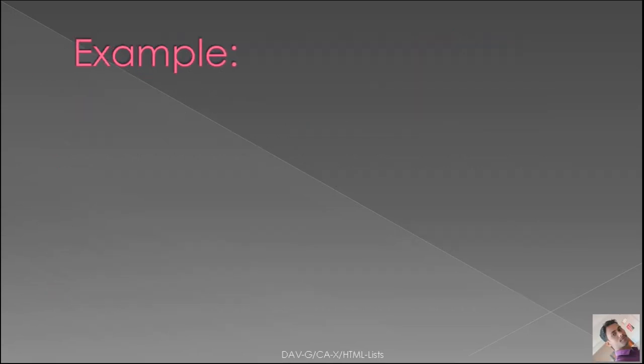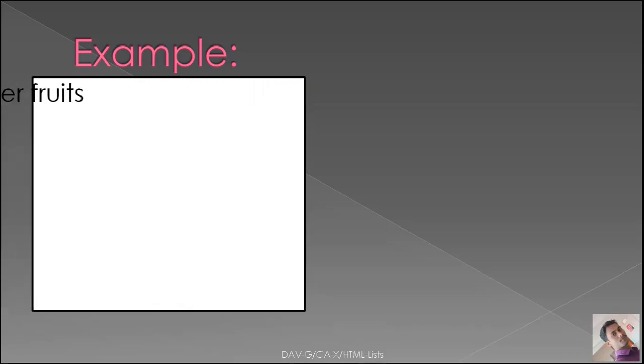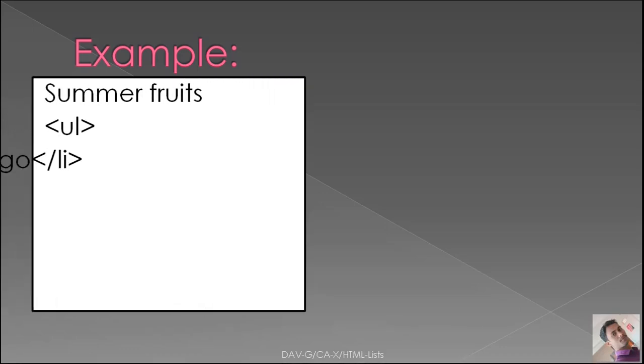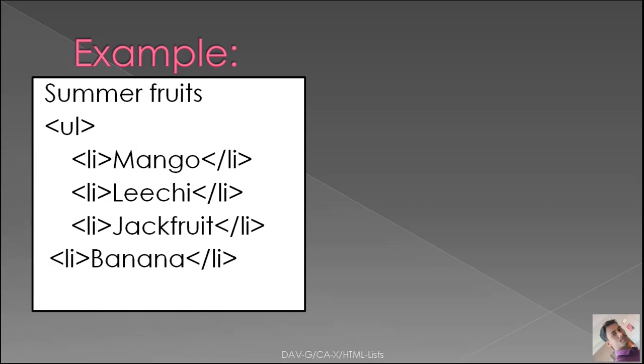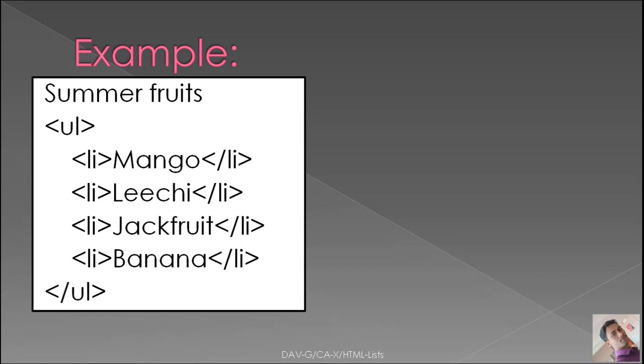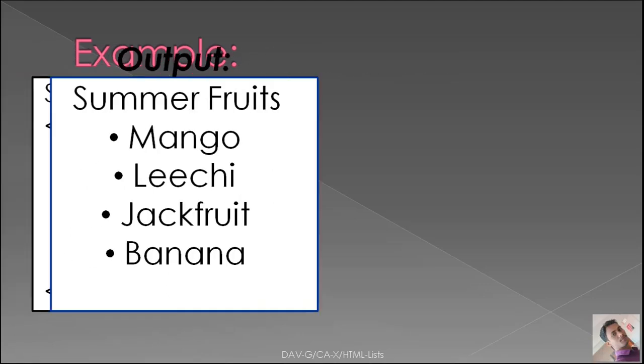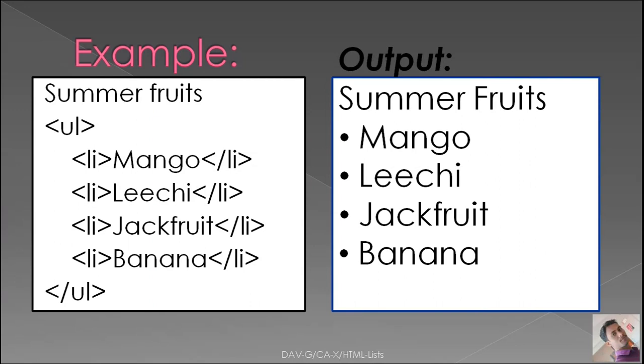So let's have an example for the same. Here we have some code: UL, li mango, li lychee, li jackfruit, and li banana, and a closing UL tag. When we run this code in our browser, it will generate an output like a list of fruits: mango, lychee, jackfruit, in this format.